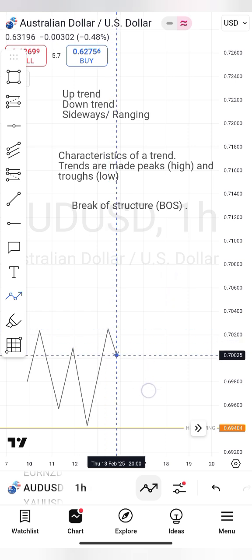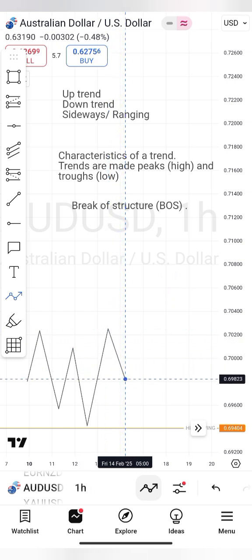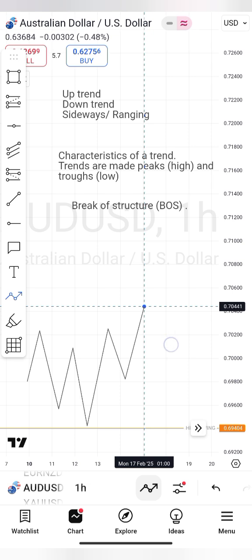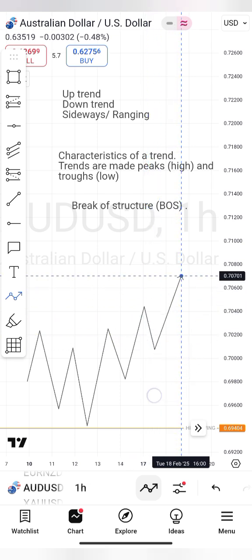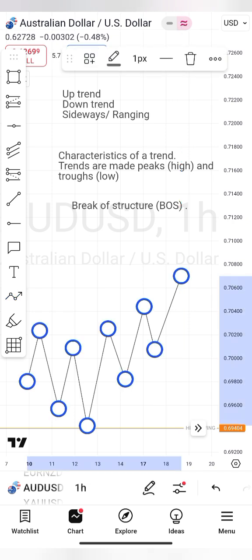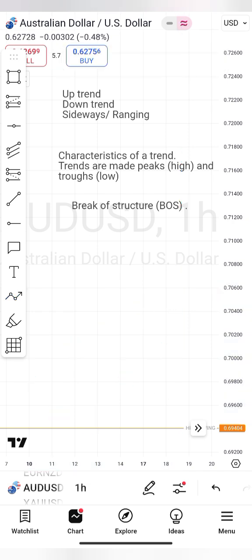These are what it means when you are talking about structures in the market. Just price printing out a pattern. Now, for us to understand what break of structure is, we have to identify a structure for us to say, okay, the structure has been broken.